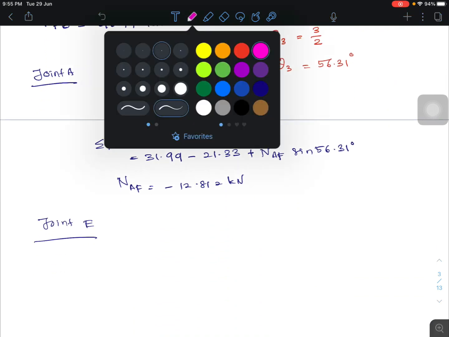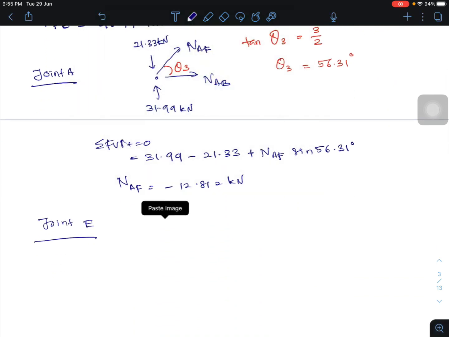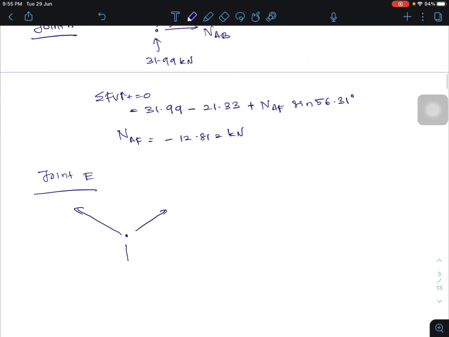So now turn to this joint. This one is NEB because we want to identify force for member AD. So this one is NED and this one is NEF.